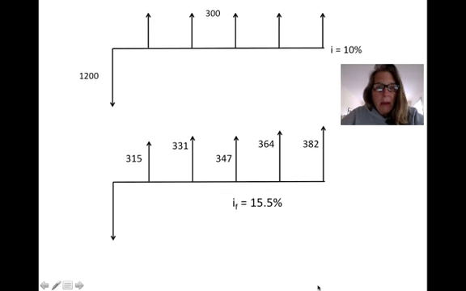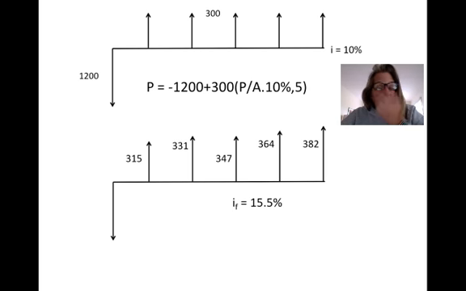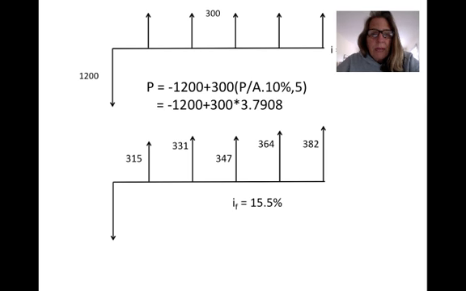Now let's calculate the net present values in each of these cases. We'll set up a present value equation: minus 1,200 plus 300 times P given A, 10%, for 5 years. We look up that discount rate, and the net present value is minus 62.8.